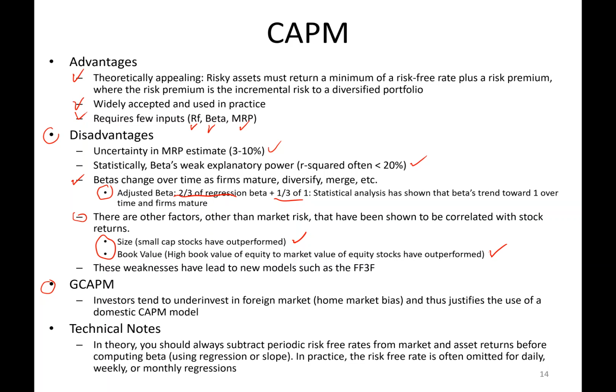A technical note: in theory, you should always subtract the periodic risk-free rate from the market and the asset returns before computing your beta. However, you'll often find in practice it doesn't have much of an effect on, say, weekly and monthly returns, so some people will simply omit the risk-free rate for daily or weekly regression calculations.